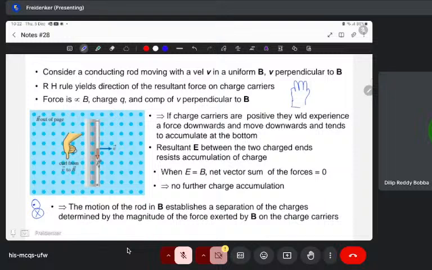You point all your four fingers in the direction of the magnetic field. In this case, your four fingers will point towards you because it is out of the page. And then you point your thumb in the direction of velocity. This is your right hand.